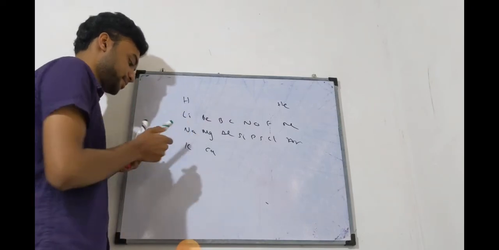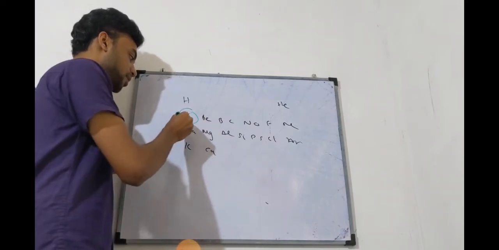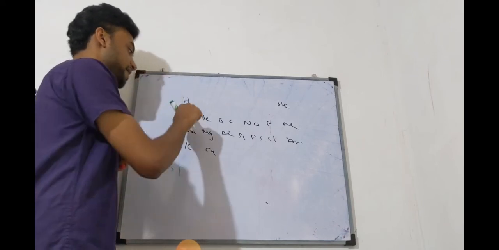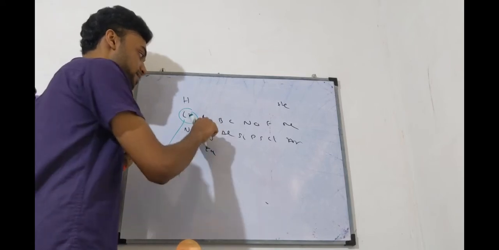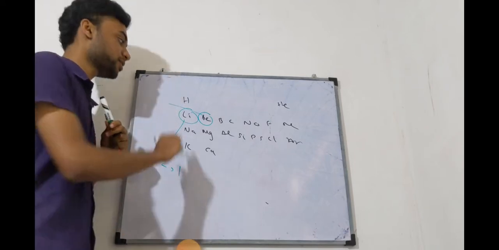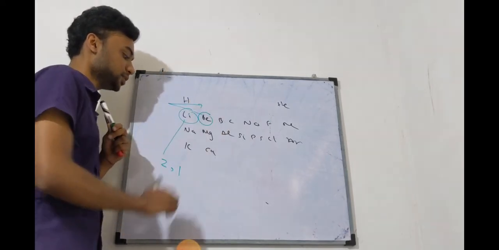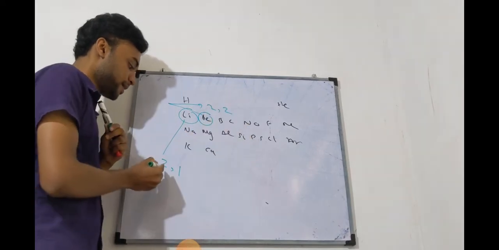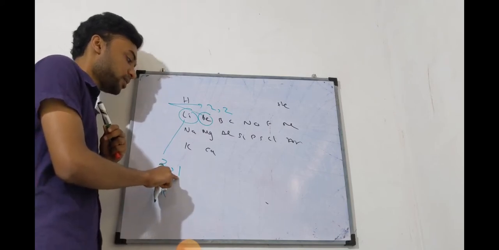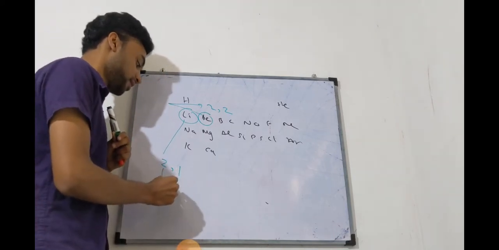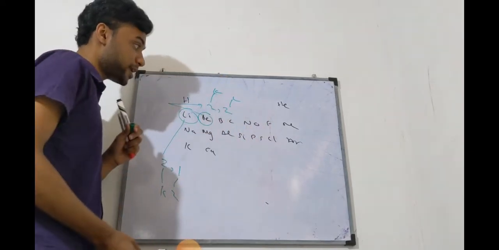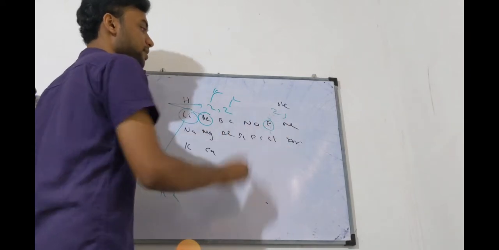Now for example, just look at lithium. What's the electronic configuration of lithium? 2, 1, because its atomic number is 3. Just take beryllium. What's the electronic configuration of beryllium? 2, 2. 2 belongs to the first energy level, that is called K. 1 belongs to the second energy level, that's called L. So here was about K and L. Just look at somebody far away, fluorine, 2 and what? 7.